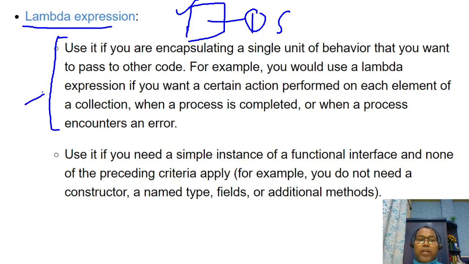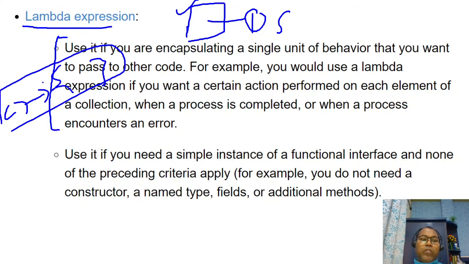For the definition part, you write opening curly braces and your logic, and this complete expression, you can assign to a reference variable of that object, you can pass to any parameter, and you can return it. This is your implementation of the single abstract method defined by the functional interface, which takes some input arguments and returns a result. This is your lambda expression.